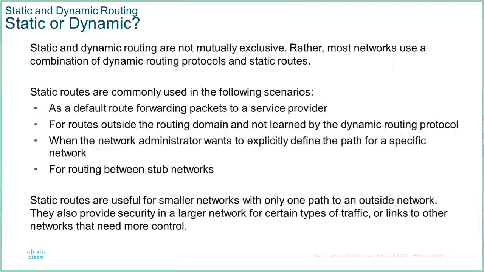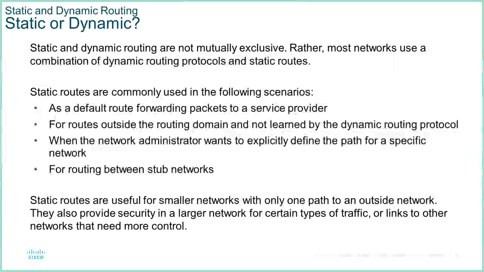It's also very efficient to have static routes on stub networks. In other words, one way in, one way out. So the chances of the networks changing is very minimal.